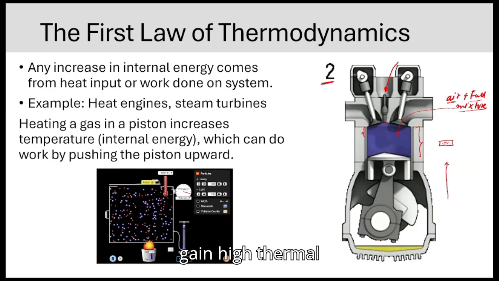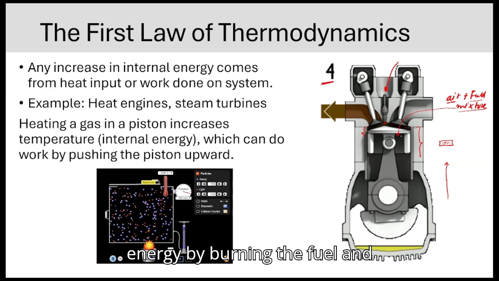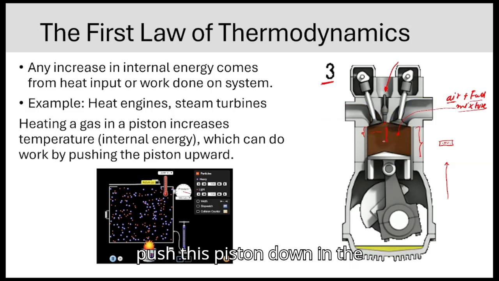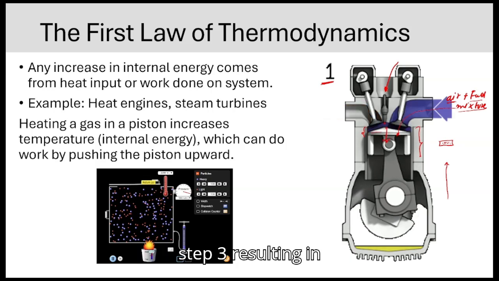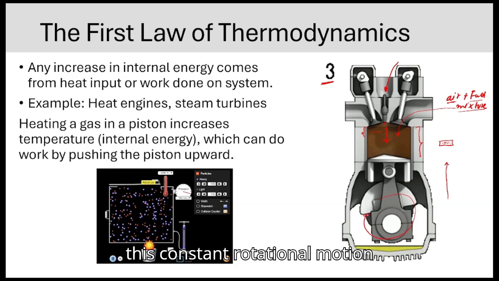We gain high thermal energy by burning the fuel, and once the energy is very high, it will push this piston down in step 3, resulting in this constant rotational motion.